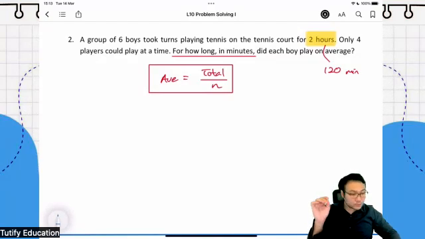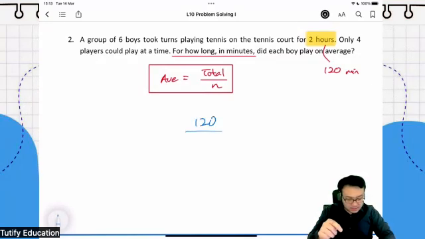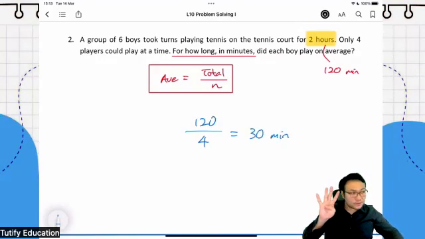If you are one of those 4 people, you are playing for 2 hours. Am I right to say that the average time that you play is 120 divided by 4? That means if there's only 4 people, then each person only play for 30 minutes. Correct or wrong, Runjie? Make sense or not?